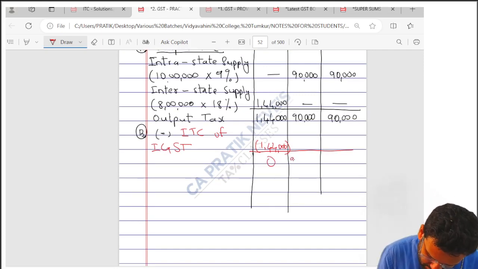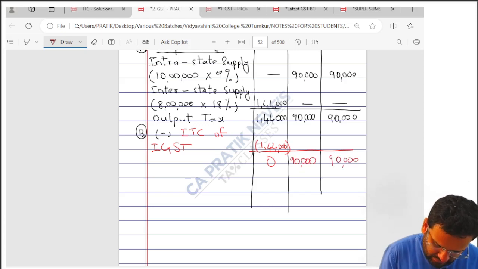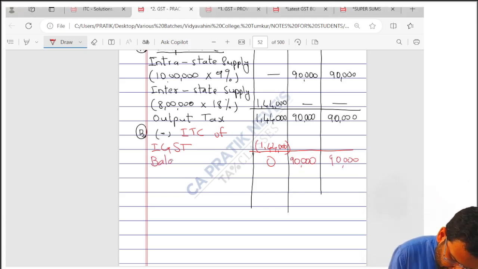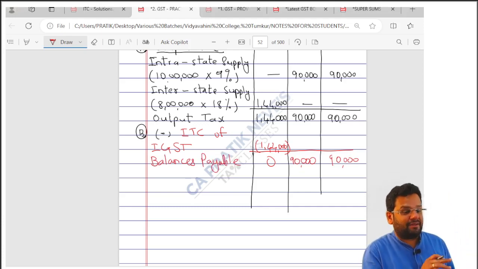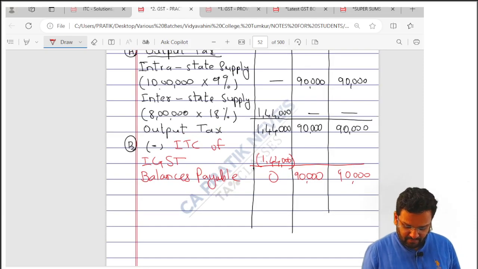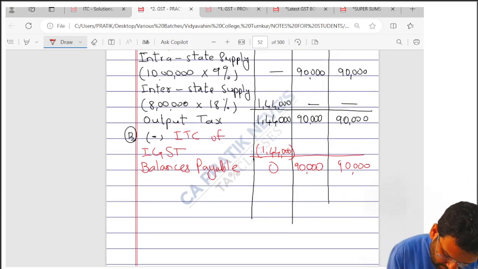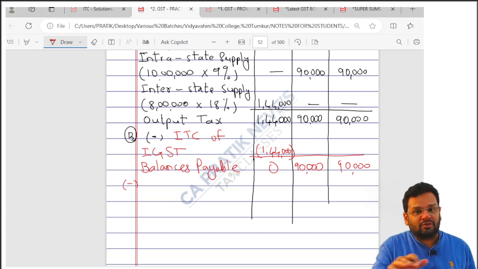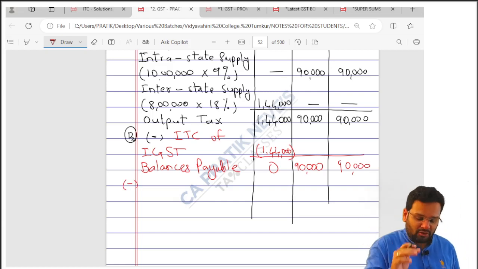After that, payable will be nil, 90 and 90. But friends, what is the ITC of IGST in balance after this? 41,000. Remember, you have to exhaust that. Come what may, you have to exhaust.